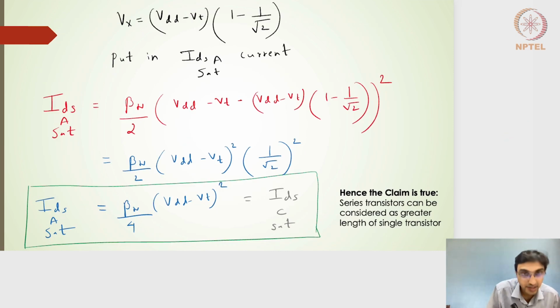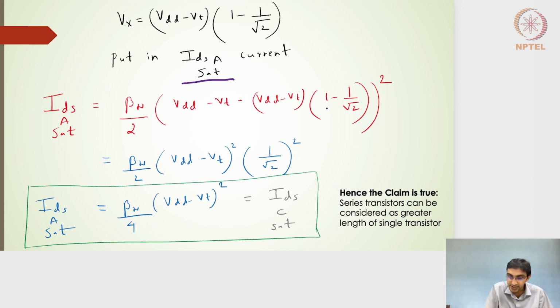So going to the next slide, I put this Vx value, which we have got from the previous derivation, in the current equation for the transistor A, the saturation current. So the saturation current for A will be nothing but beta N divided by 2 into VGS, which is nothing but VDD minus VT minus this Vx value, which is (VDD minus VT) into (1 minus 1 by root of 2), the whole square.